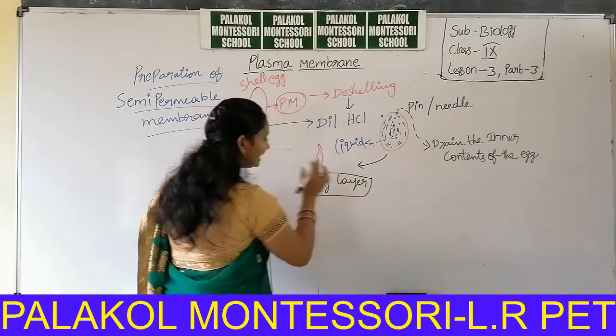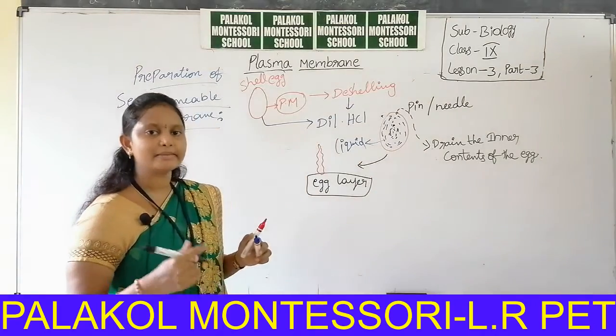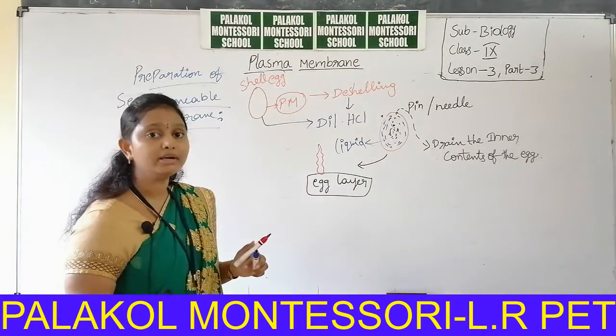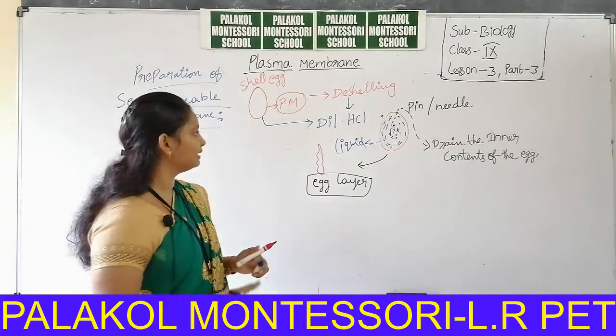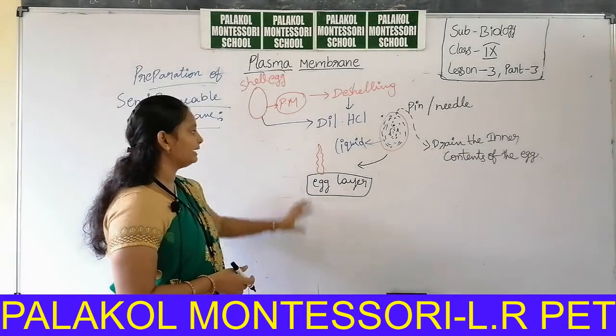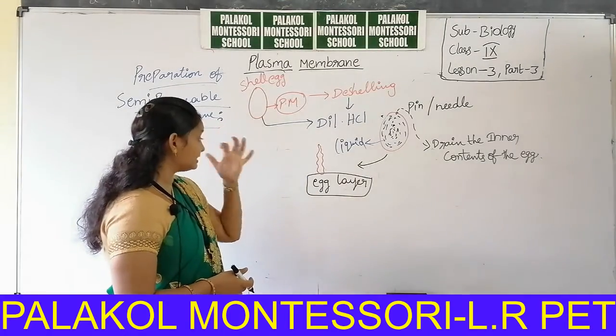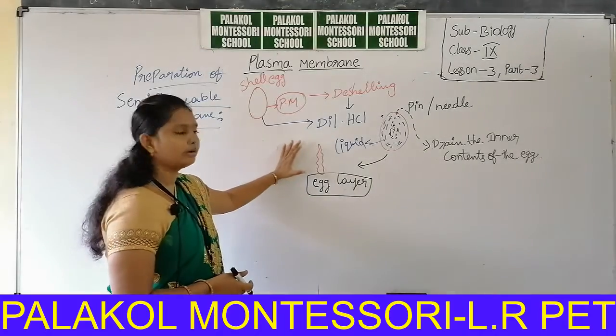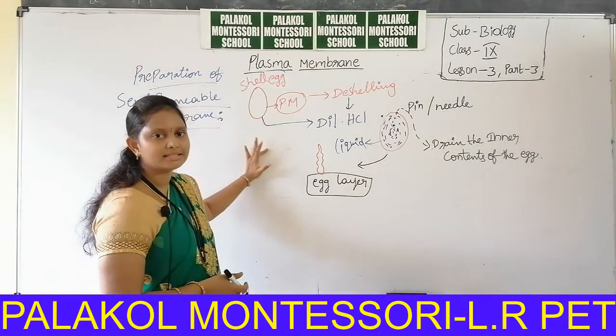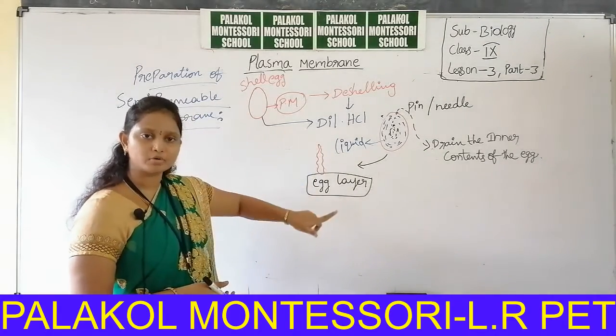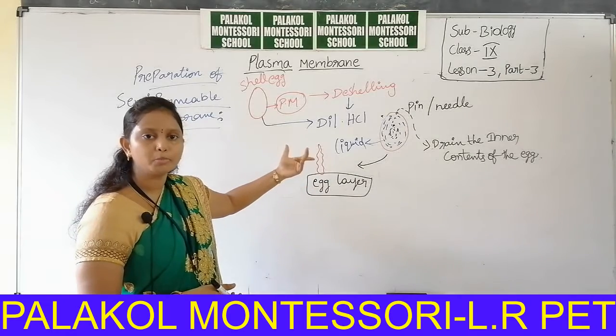Now whether this egg layer acts as a semi-permeable membrane or not, I would like to discuss here. By taking this egg layer, we allow the osmosis process. If it can do osmosis, it is a semi-permeable membrane.